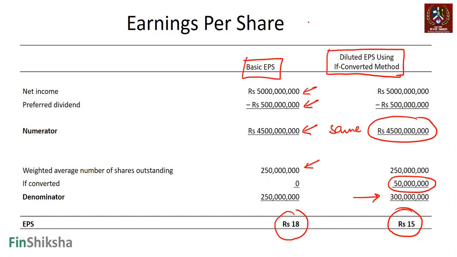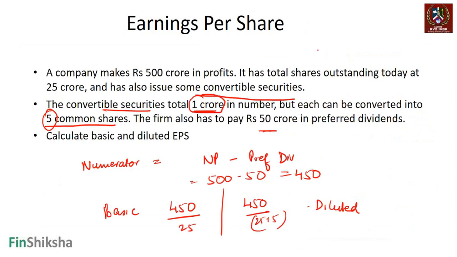These securities, like the convertible securities we had seen here, are typically called dilutive securities because they will potentially dilute the earnings per share for each shareholder, right? It's an important concept in every company's balance sheet and the P&L that you see. The last item below the net profit number would be an EPS. So how do you calculate it?